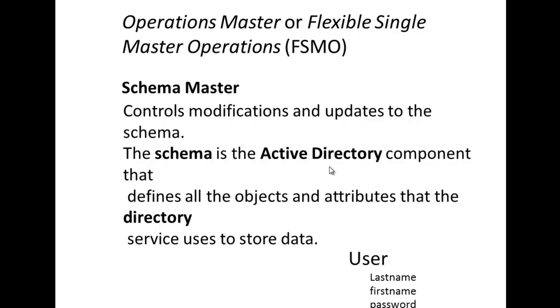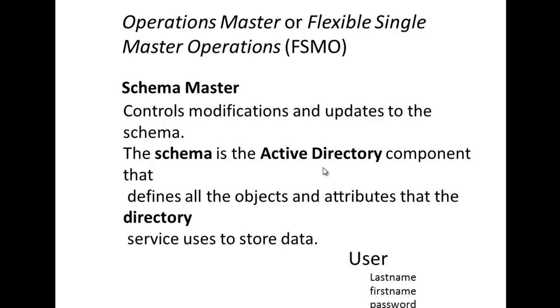As the best example of schema modification, let's say that we have some objects within Active Directory. You have the user class object, you have the computer class object. Each of these objects has a structure.